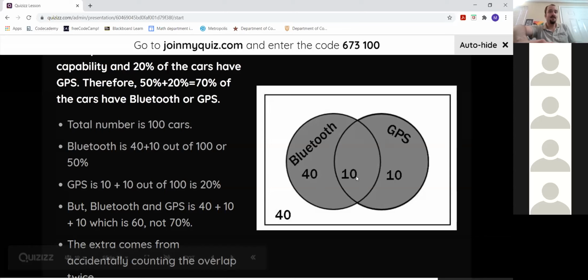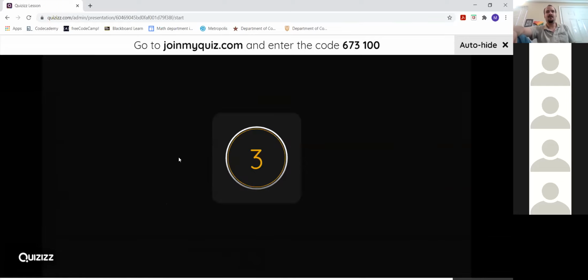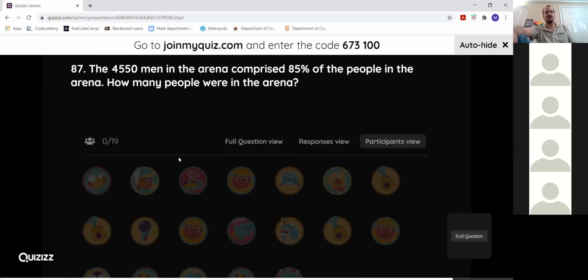And if you have overlap, which is a possibility here, it's not just going to be those things added. So we really have to account for overlap when we talk about occurrences. We will talk more about this in the probability and statistics section, more towards the end of the semester.